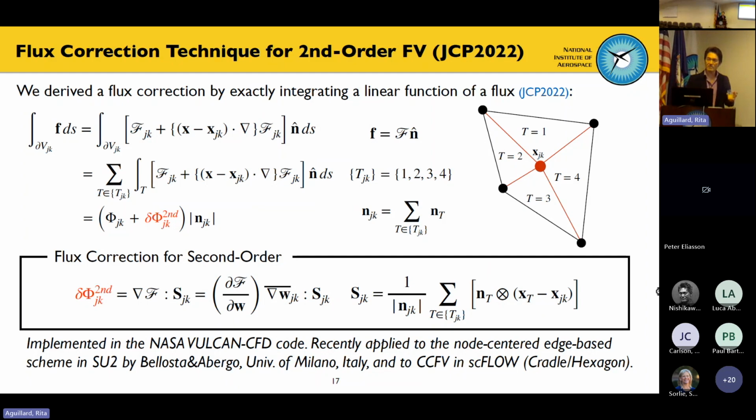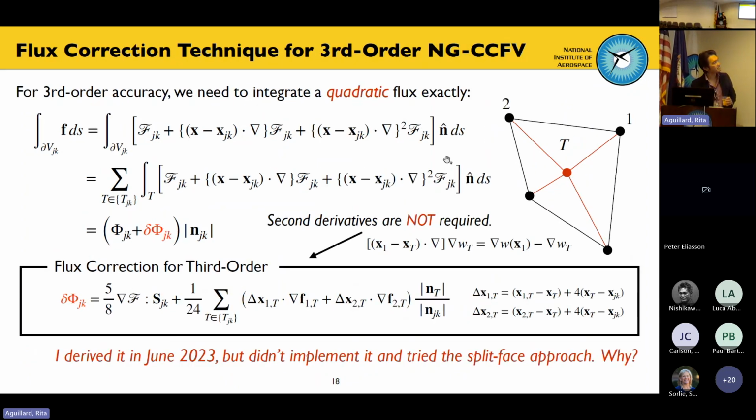Now, to do third order, we need to add a quadratic term and integrate this exactly. And still, the result is relatively simple. For each triangle, I integrate this quadratic polynomial and the linear polynomial exactly. And then I can use this interesting identity to eliminate second derivatives, expressing them in terms of nodal gradients.